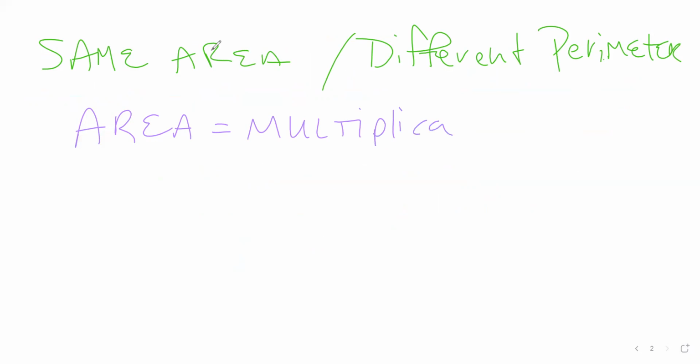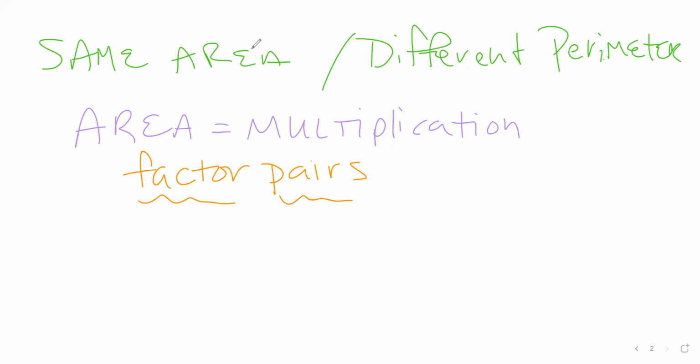One of the things I like to do is go back to the ideas of finding factors, or factor pairs, of numbers. It's all really trial and error, but if I understand multiplication and I know my factor pairs, this job is going to go a lot quicker for me.